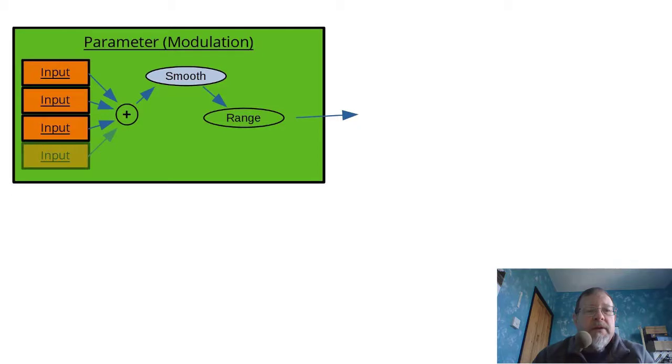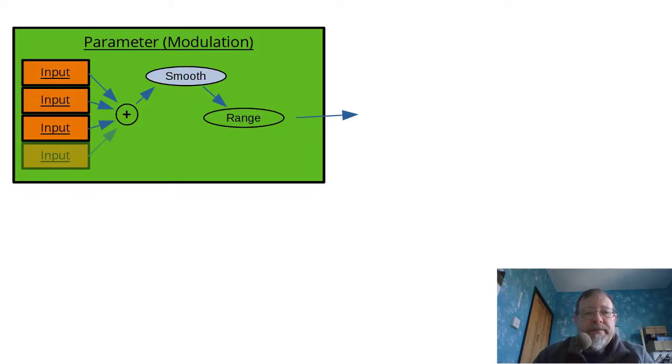Okay, let's look at the modulation types first. Again, it can have a number of inputs, but whereas before we could use different smoothing algorithms, here it's hard-coded in and it's smoothed and ranged, and any conversion is then some hard-coded function within the sound creation or modulation module.